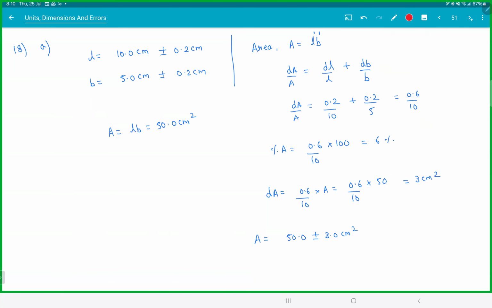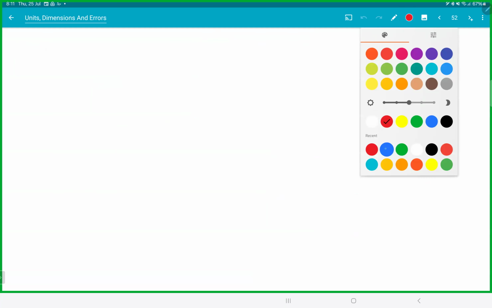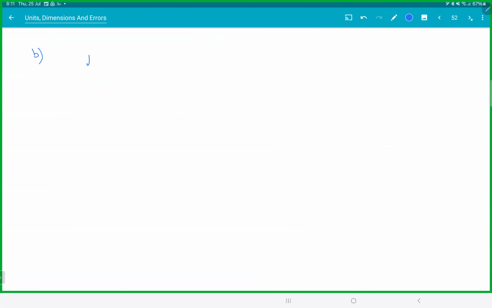Just to give a little context here, if you think about it, this thing is roughly around 2% error. This thing is roughly around 4% error. So it is still an acceptable range. But look at the other one. This thing has deadly errors.